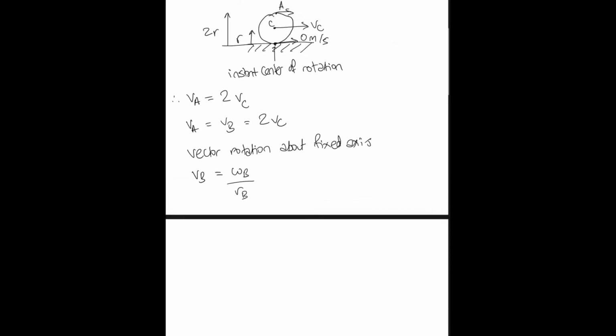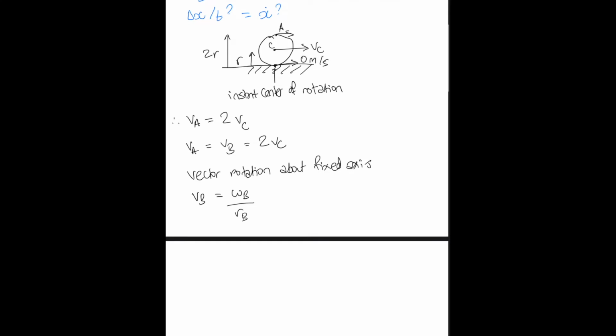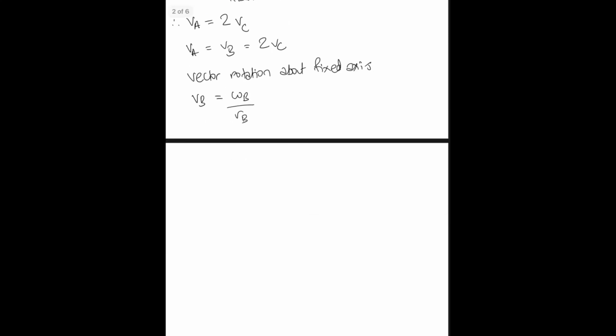So for VB over here, to find the radius, we're going to take a look at the ball. So this is the bigger ball. That's B over here. And that's center O. That's the instant center of rotation.